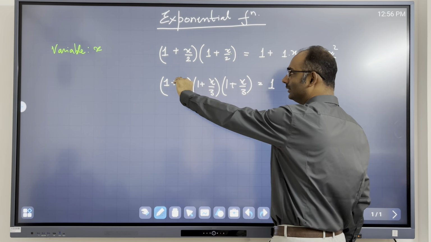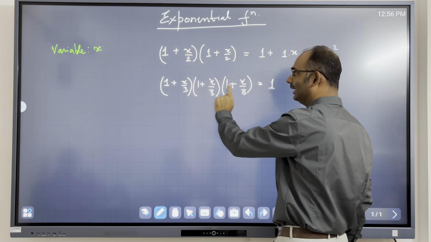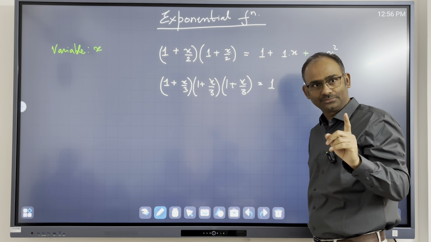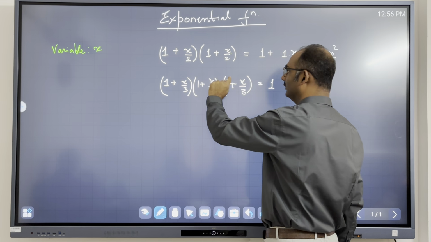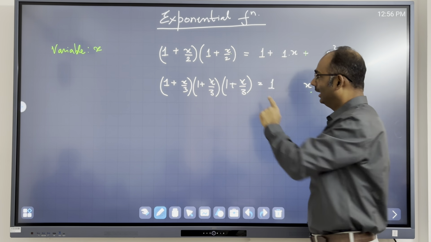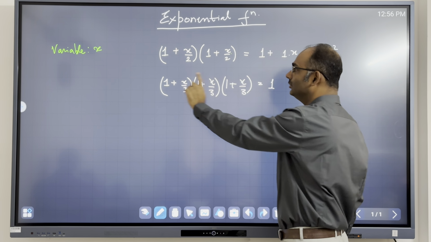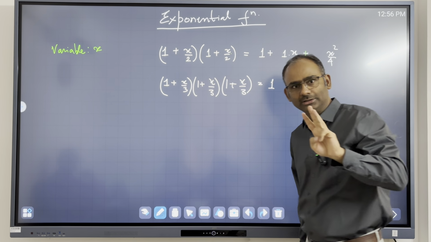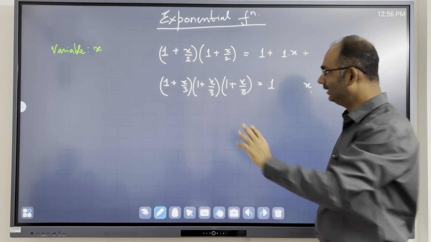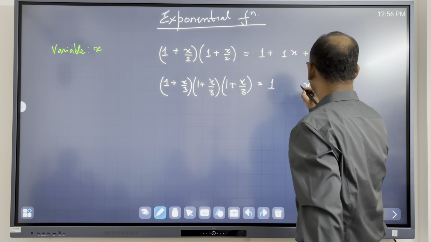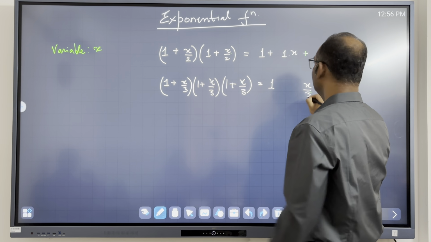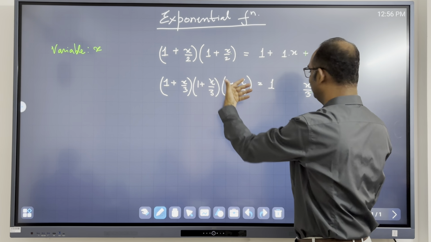When you take x over 3 from here, 1 from there and 1 from there, that's one way. When you take x over 3 from here and choose 1 from there and 1 from there, that's another way. And when you take x over 3 from here and choose 1 from here and 1 from here. So there are a total of 3 ways, right? Choose either from here or from here or from here. So that's 3. So it's x over 3, and there are 3 ways of producing it.